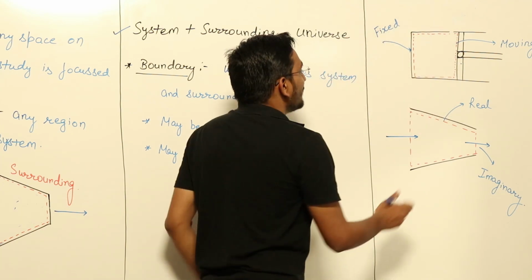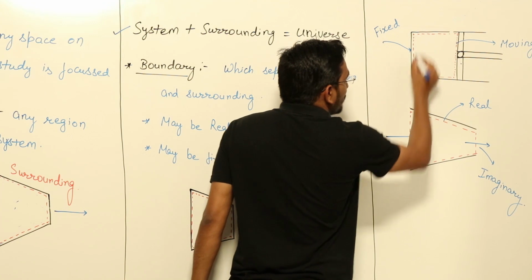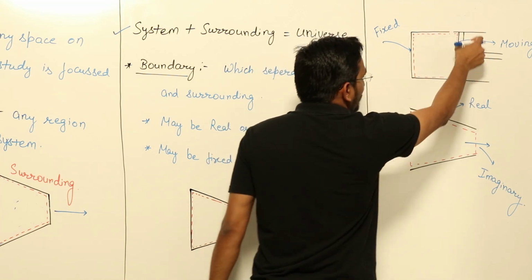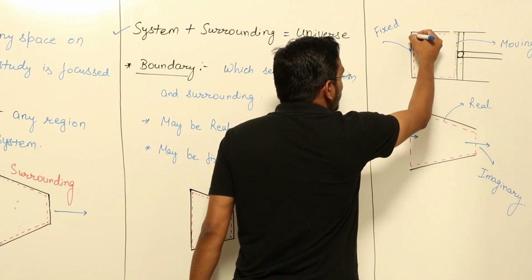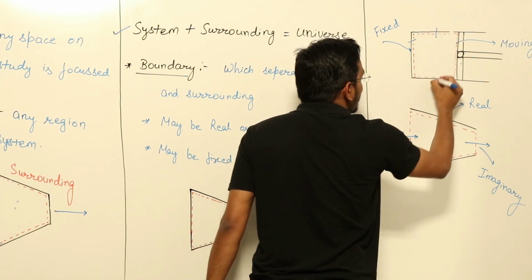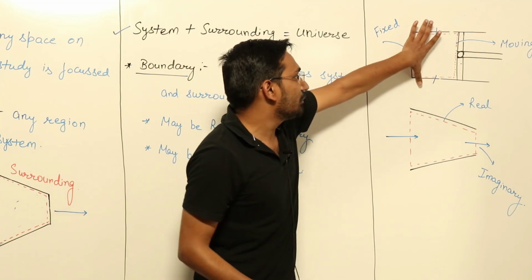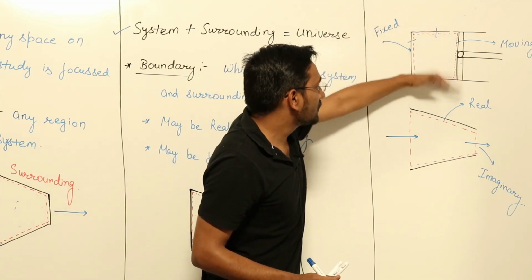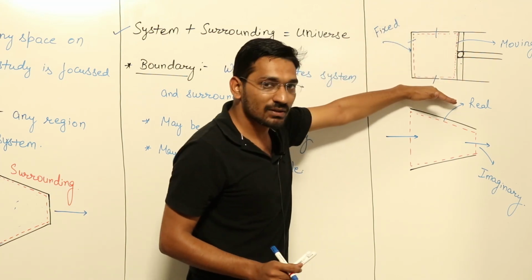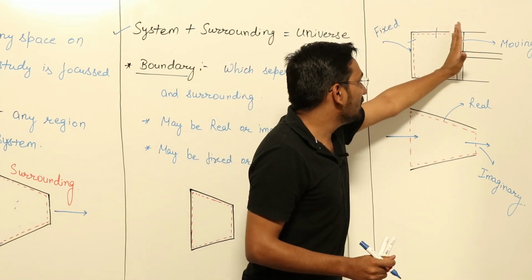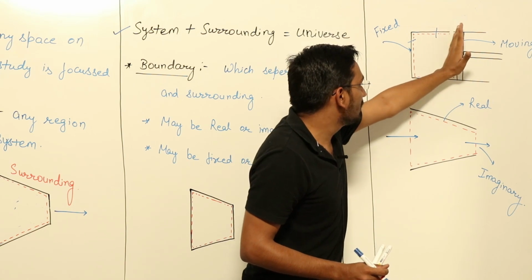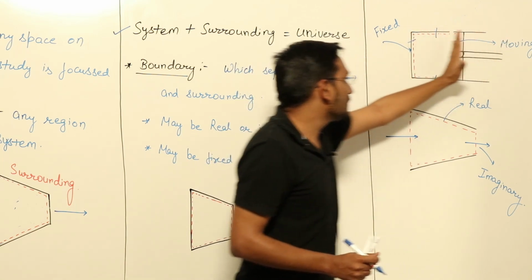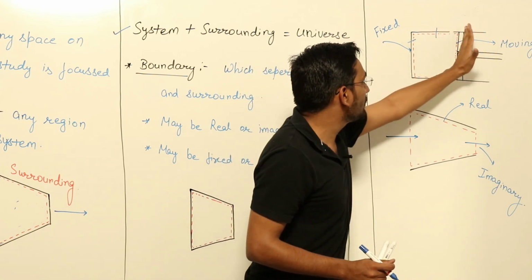In this, these are the cylinder walls and this is your piston. These three boundaries are fixed boundaries; they are not moving, as they are fixed with the cylinder walls. But this boundary, which is just in touch with the piston, moves as the piston moves.